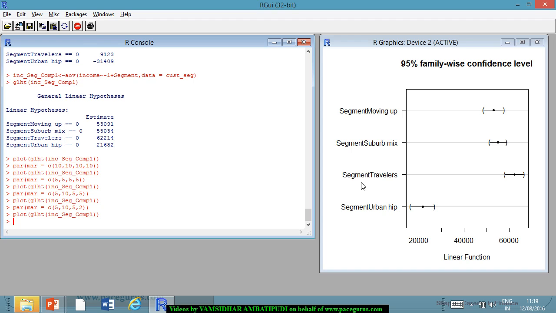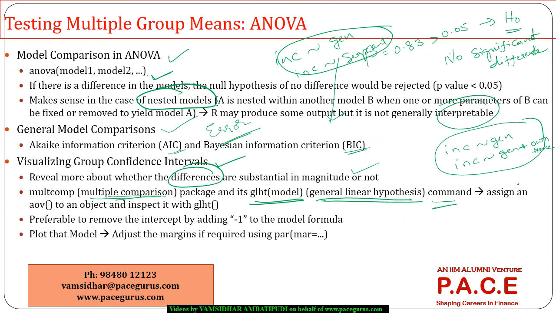So I can set the margins at each of the stages. I could see that in case of segment urban hip, the values are in a much different range, whereas in case of the other 3 segments, it is coming out to be more or less similar. So that is how I can visualize the confidence intervals across the groups.